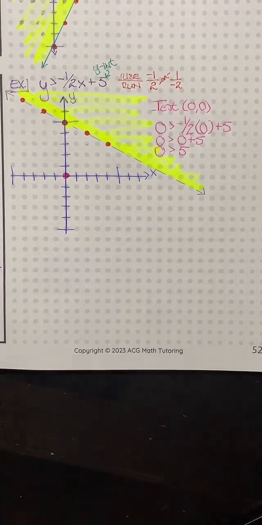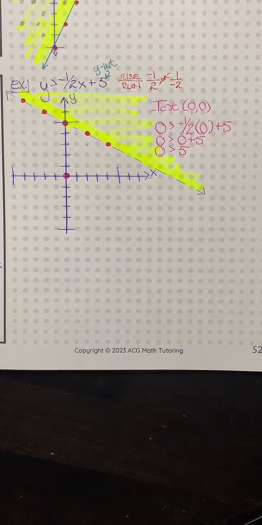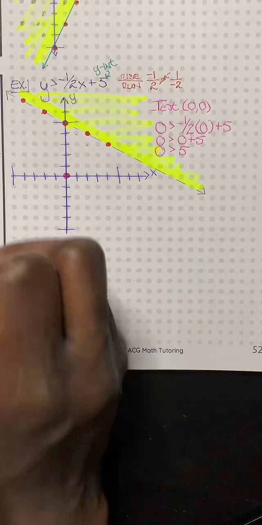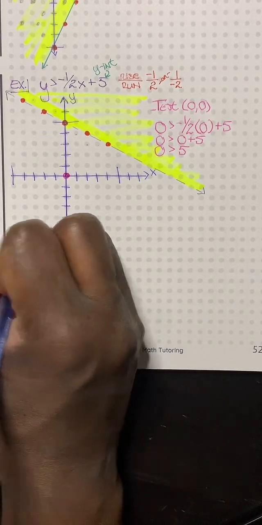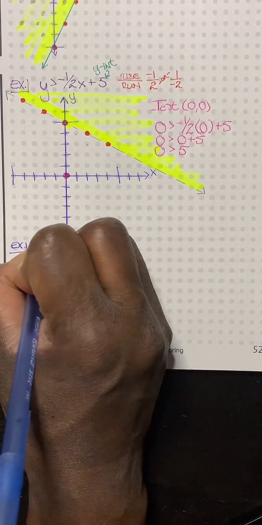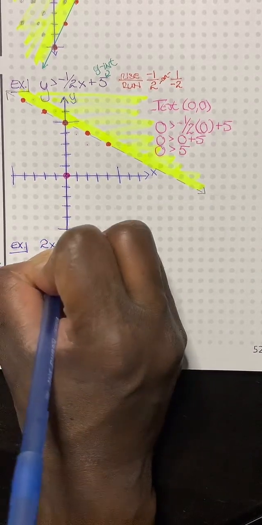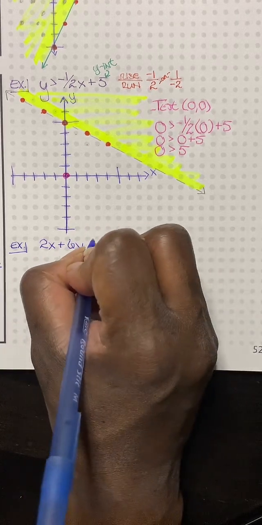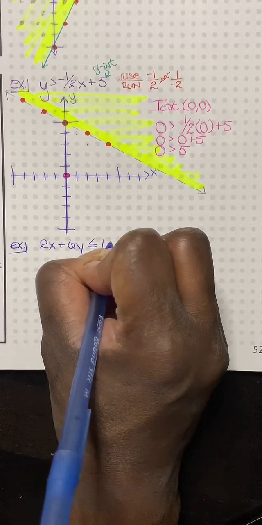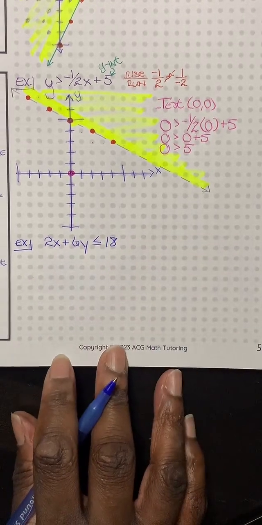And the reason why I'm saying that is because I want to do, here's my example, 2x plus 6y is less than or equal to 18.